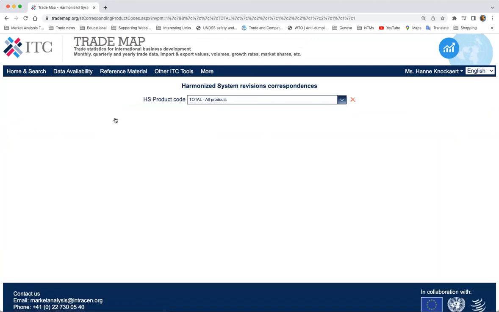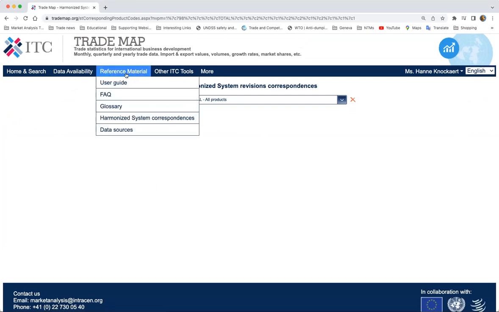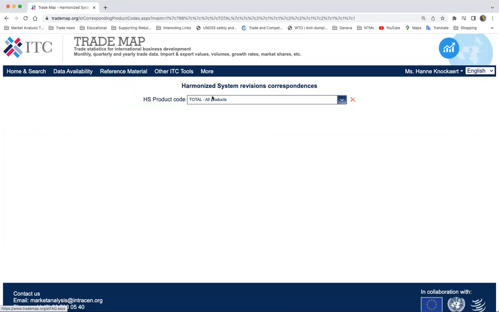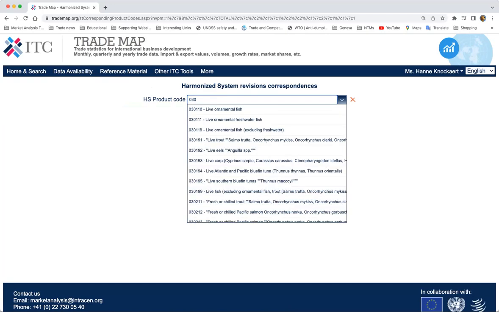Okay, so it constantly changes. So if you're not sure about whether you are looking at this code at the latest stage, you can always go back to the harmonized system correspondences and type in your code here, and you will find what happened to this code. For example, let me look at some fish.